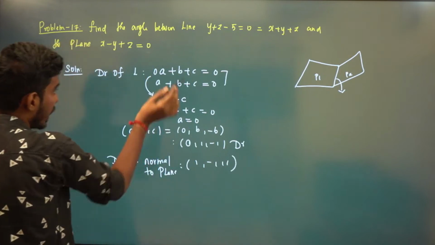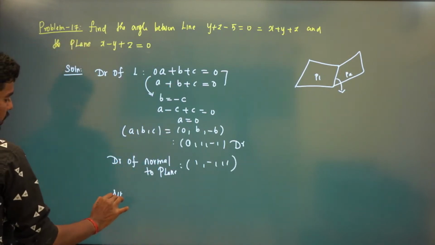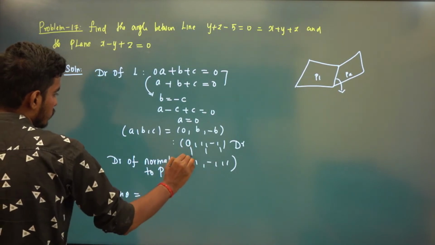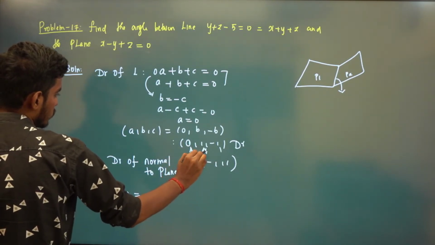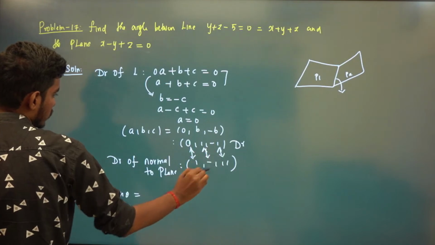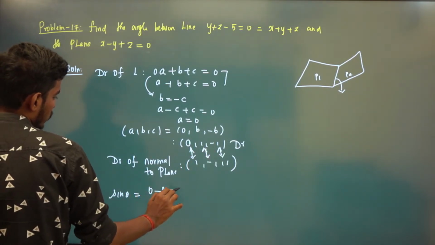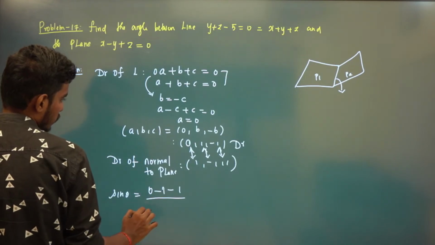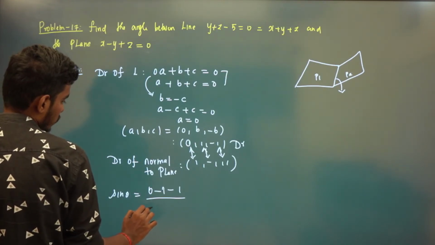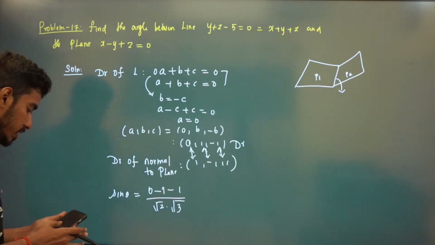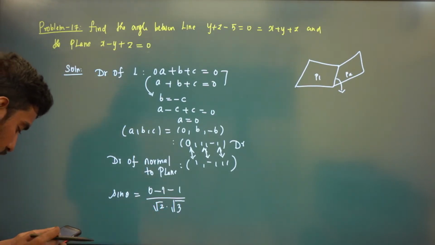So whenever you need an angle between a line and a plane, make use of sine theta is equal to A1 A2 plus B1 B2 plus C1 C2 divided by root of A1 square plus B1 square plus C1 square times root of A2 square plus B2 square plus C2 square, right?